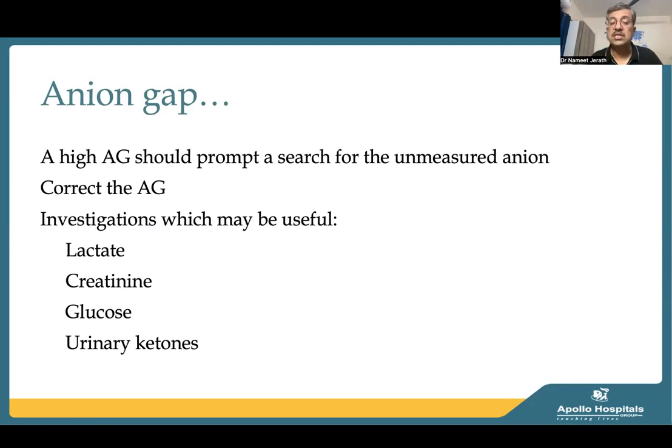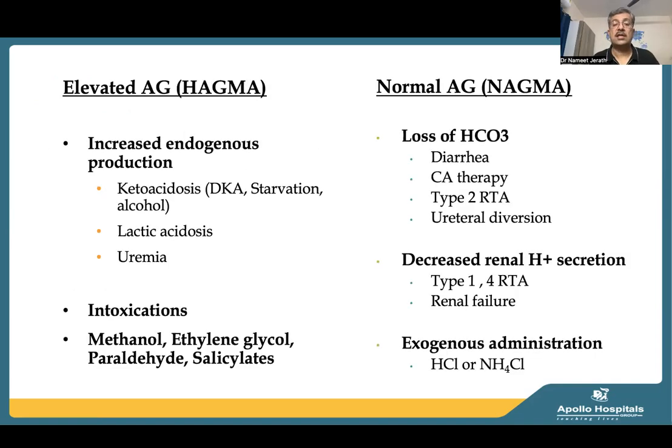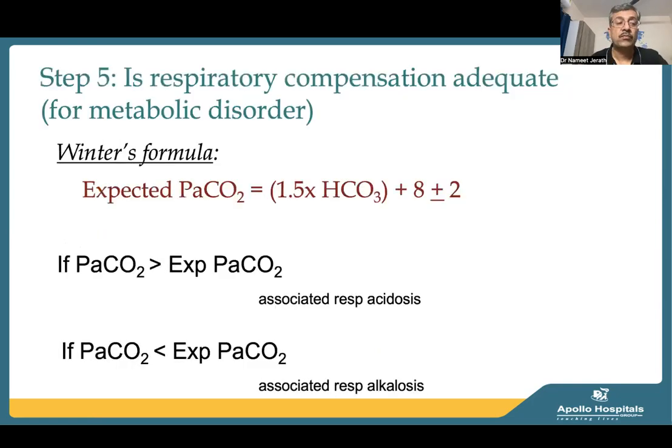There has to be some reason for this anion gap to be increased. And there are many reasons for increased anion gap or normal anion gap metabolic acidosis. And you have to go through this, or you have to exclude these in your mind to come to a diagnosis. So it is very important to find out if there is an anion gap metabolic acidosis.